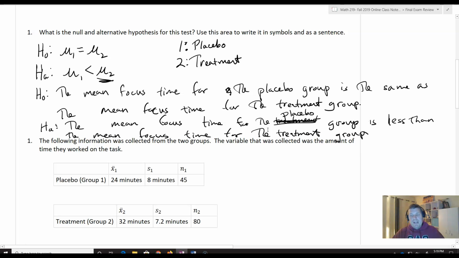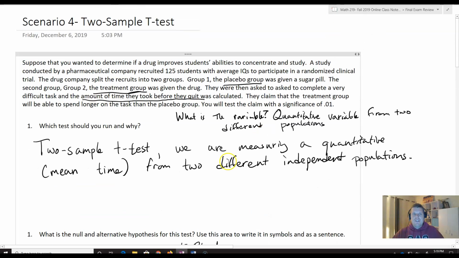Not really, but it's an okay conclusion for me to say that my treatment group did do better than my placebo group. That's the evidence that I got. Okay, they focus for longer. They're statistically true. And then the conclusion that I can draw from that is in fact that the drug in fact worked. Okay? That concludes our test for the two-sample t-test.